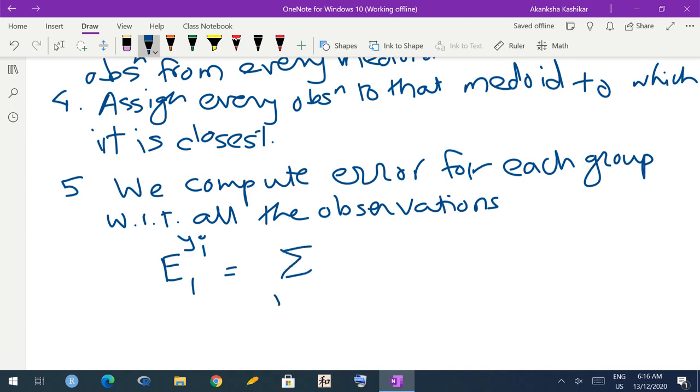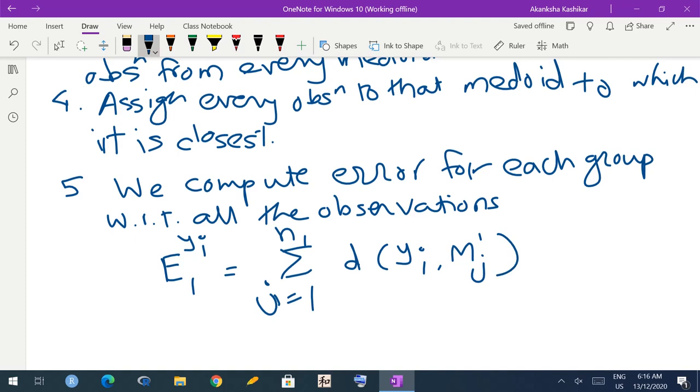This is the sum over j going from 1 to n1, if n1 observations are in the first group, of the distance between yi and the jth member of the first group. K is reserved, so I use j.